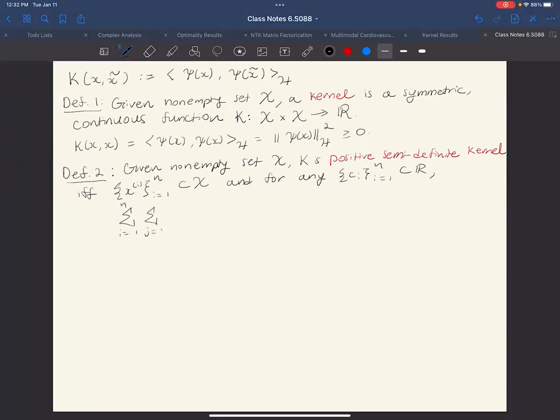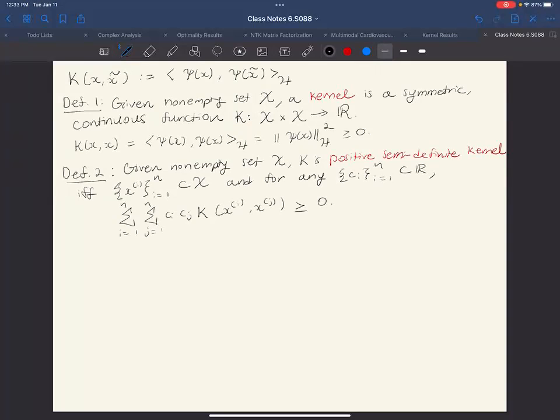Summation i equals 1 to n, summation j equals 1 to n, ci, cj, k of xi, xj is greater than or equal to 0. So for any set of constants, any set of n data points, we need to ensure that this sum is non-negative.